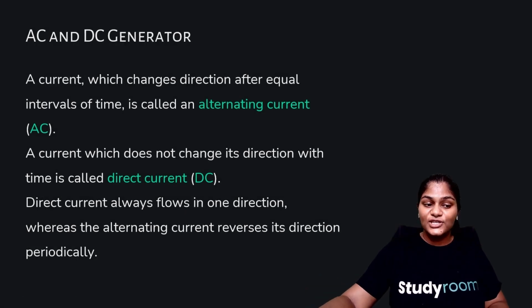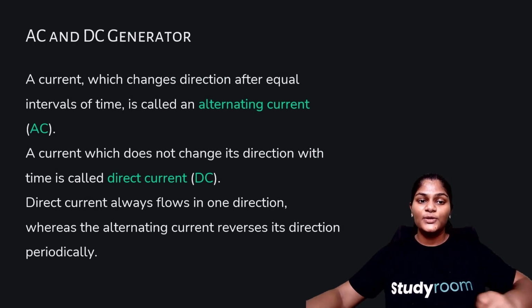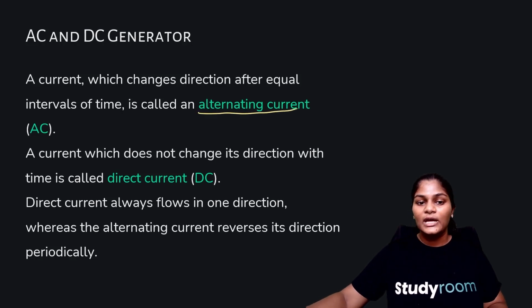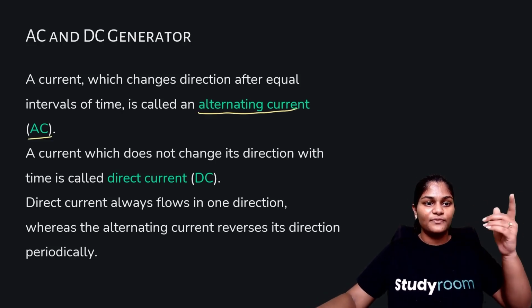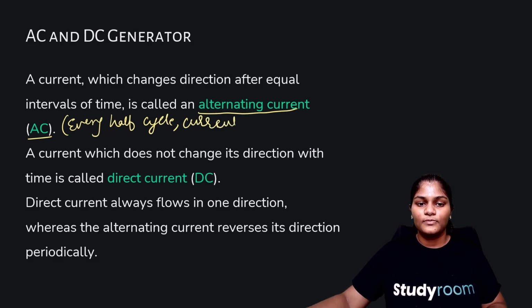Now, AC and DC generator, this is what I was telling you about. So, it says that a current which changes direction after equal intervals is called an alternating current. In the case of the generator that we studied, every half cycle current was changing the direction, right? We saw that.